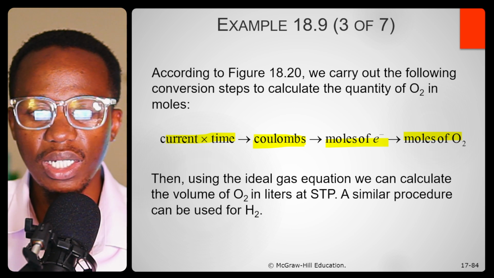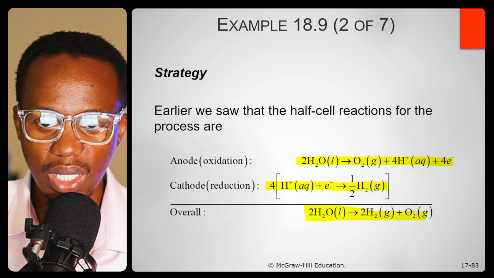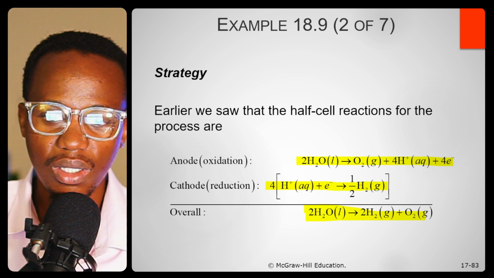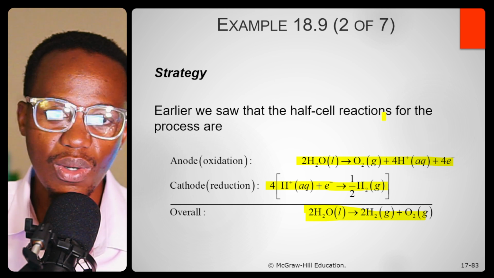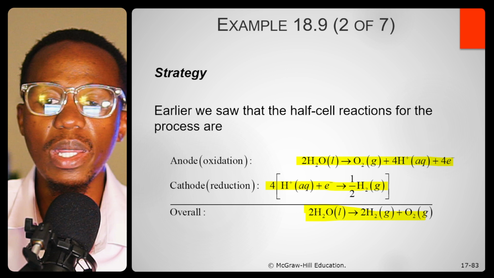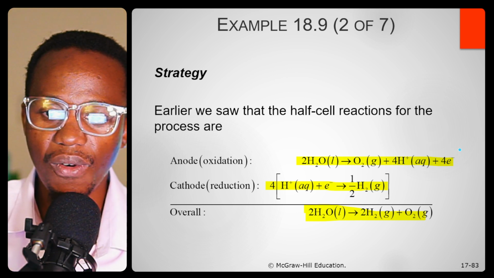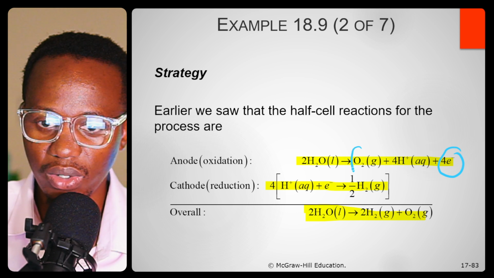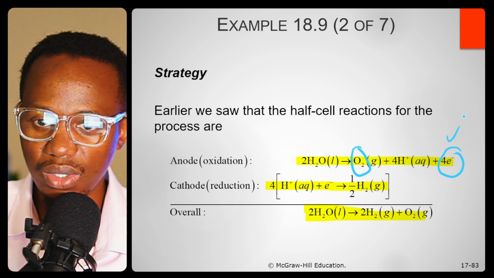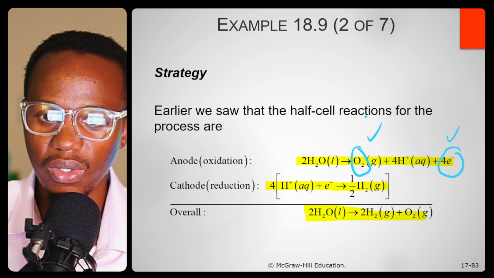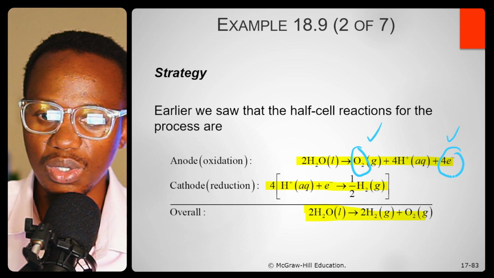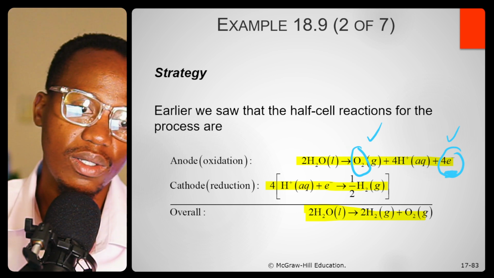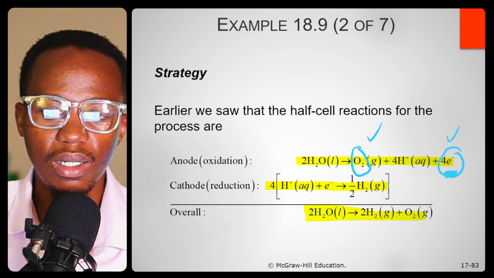They're asking for the moles of oxygen, so how do we find it? This is what they mean by ratio, right? When you have 4 moles of electrons produced, you have 1 mole of oxygen. So whatever number of moles of electrons produced here, we're going to divide it by 4, okay? So that's the ratio.